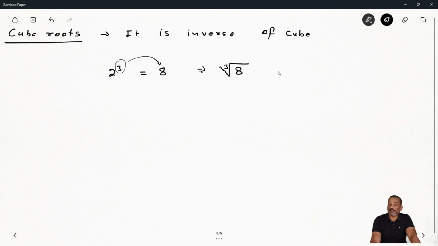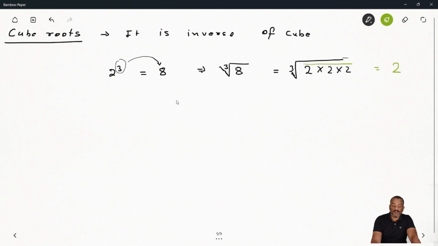In cube root we always check groups of 3 numbers inside. Cube root of 8: 2 times 2 times 2. All the numbers come in a group of 3, and out of a group of 3, only 1 number comes outside. So cube root of 8 is 2.